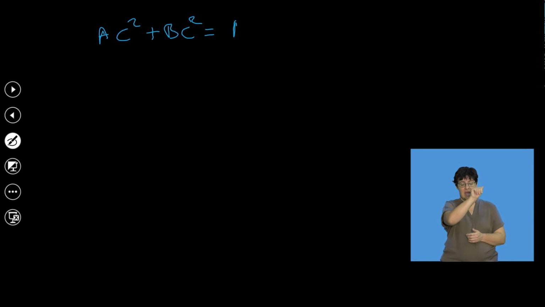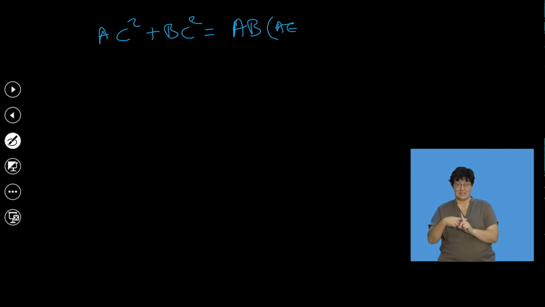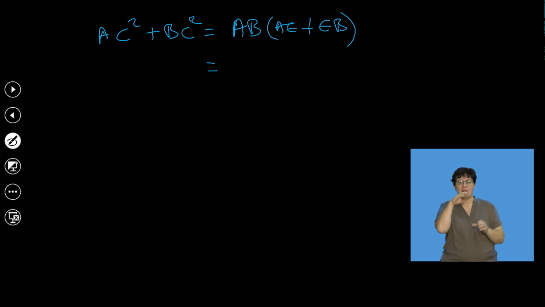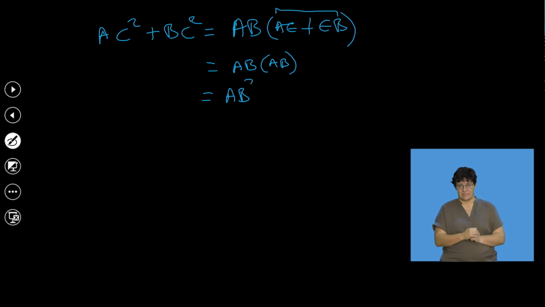So now I land with AC squared plus BC squared is equals to AB into AE, remember, plus EB. And I said to you, what is inside the bracket, if I add it, it gives me AB. So this becomes AB multiplied by AB, and it will therefore give me AB squared.